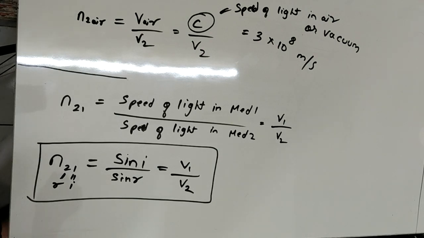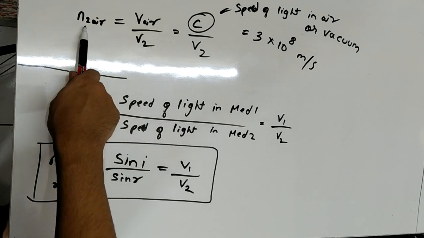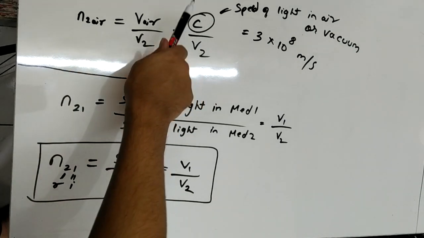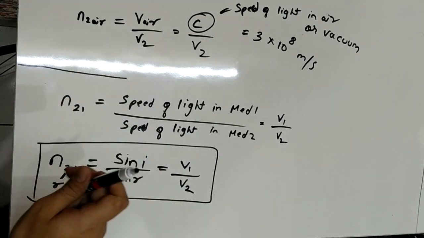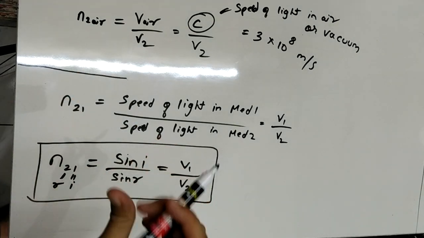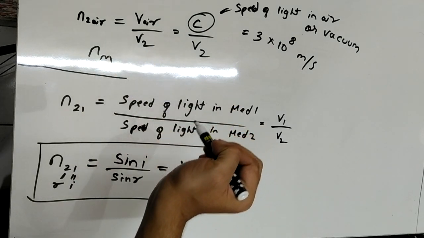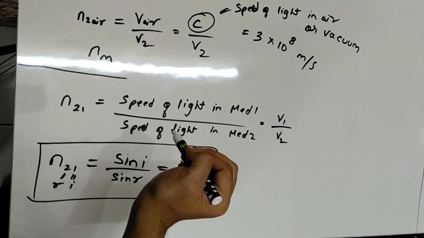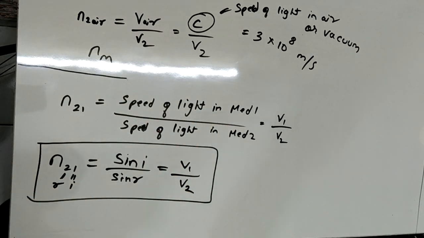So now, when we are comparing any medium to air or vacuum, that refractive index is called the absolute refractive index, and it is just given as n_m, that is the refractive index of a medium. Let me show you why that is.